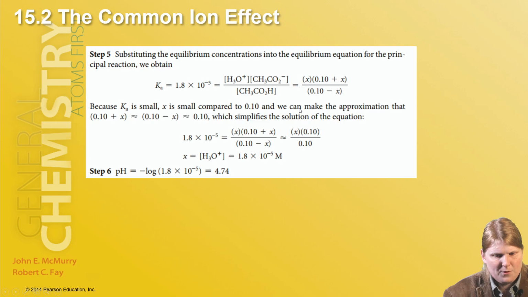And once again, if we can make the assumption that the x in the denominator is not significant, we can also make that assumption in the numerator and reduce this down. And then again, they'll both cancel out because they had the same concentration, but that may not always be the case. And then you could solve this for x in a similar way and then obtain the pH that way.